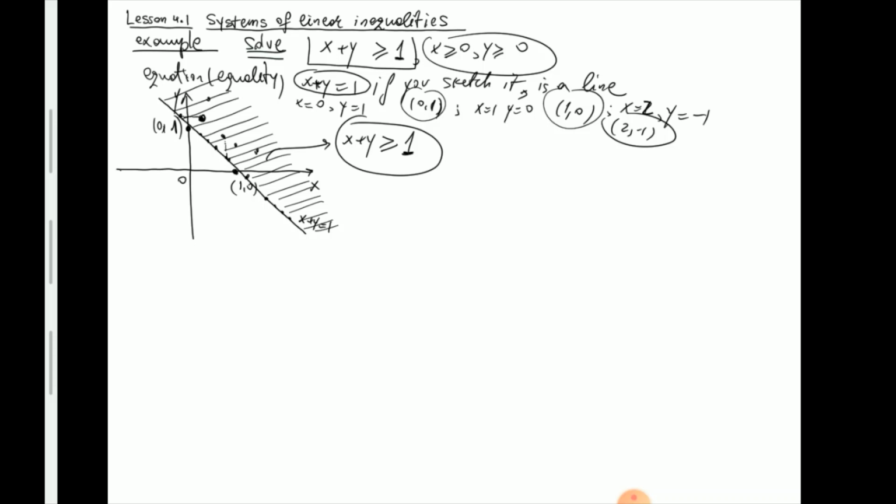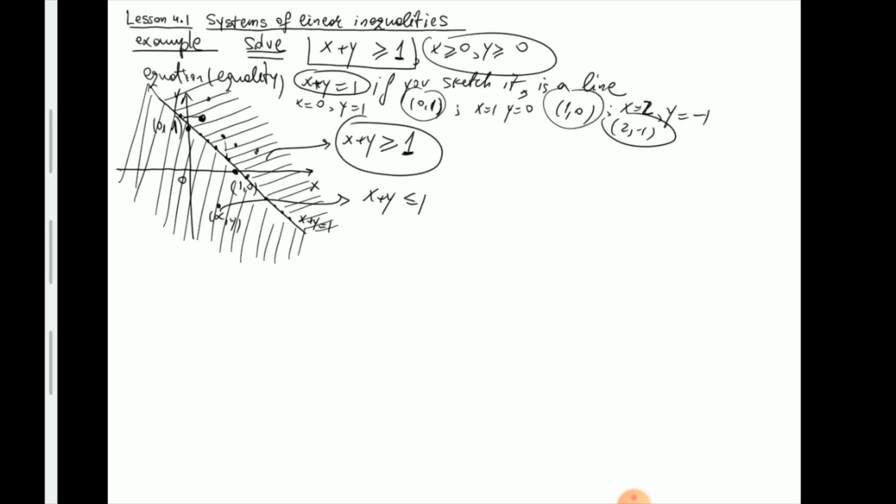And by the same argument, if you pick any point to the left of the line, and I'm going to illustrate that region with a different type of painting, with slightly different angles for these lines, each point you pick on this region will satisfy the inequality in reverse, x plus y less than or equal to 1.